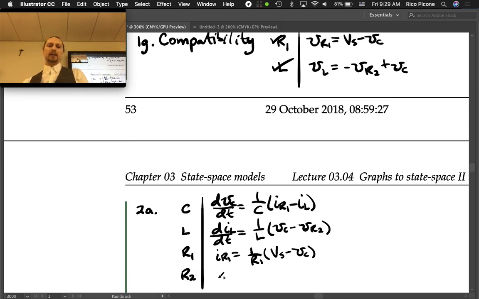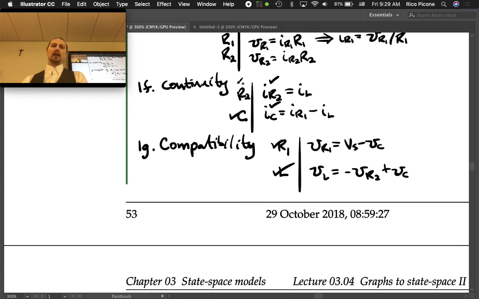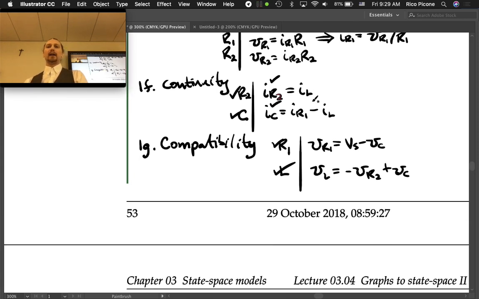And finally, we have VR2 equal to R2 times IR2, but we're going to substitute in the continuity equation for R2, that IR2 is equal to IL.